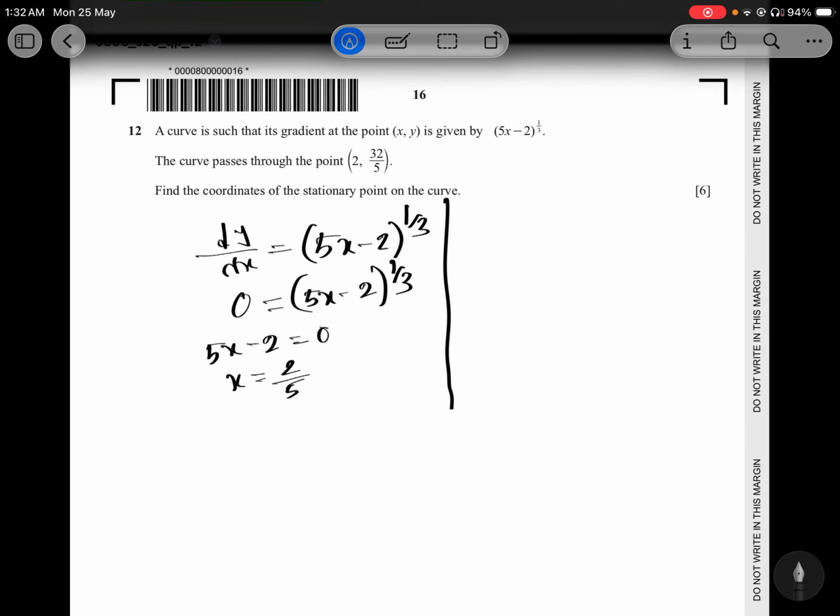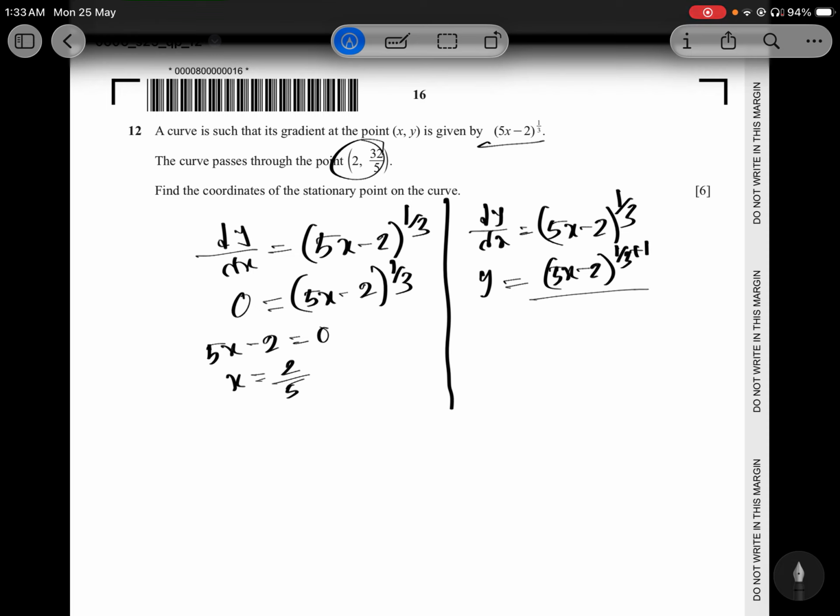A curve is such that the gradient is at this point and it passes through it. I need to get y. So I need to get the curve. By doing integration I'll get y here. 5x minus 2 to the power plus 1, plus c.